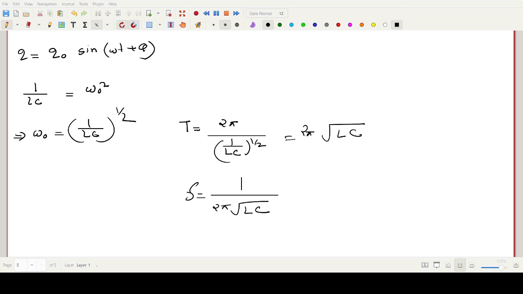So these are the examples of simple harmonic oscillation.